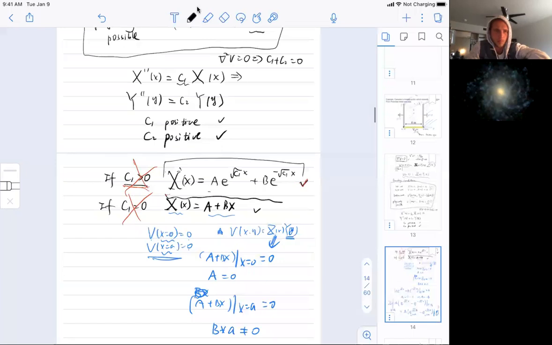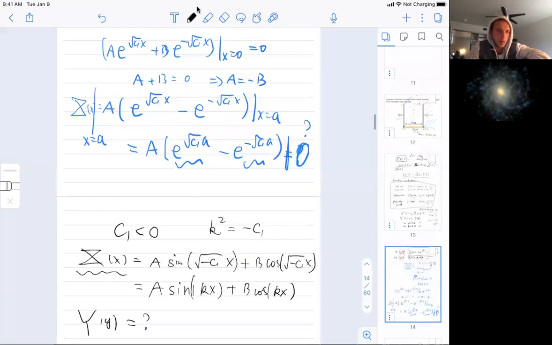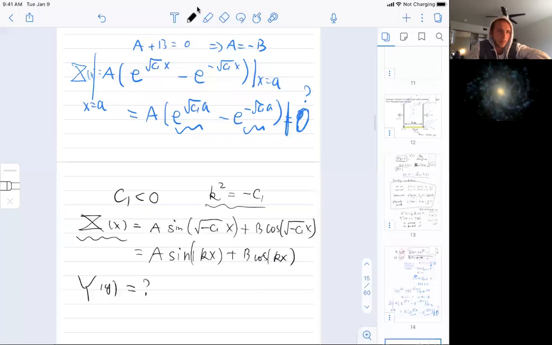C1 plus C2 is 0. So I said C1 is negative, so C2 is negative C1, which is positive, right? Which is k squared. So k squared is negative C1, and that's equal to C2.